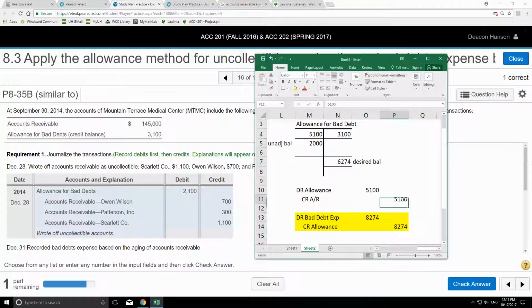And you could just post this and do the math, right? If I did 8,274, this is my adjustment. So you take 8,274 minus 2,000, that'll give you 6,274.